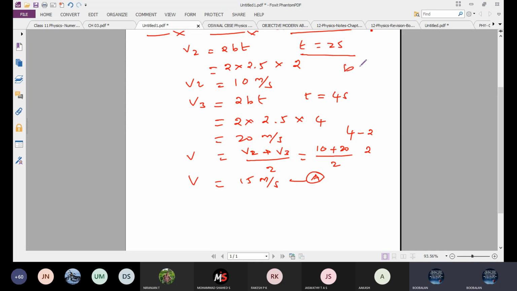B value 2.5, from the question paper. 2 into 2.5, t value 2 seconds. Then you will get V2 value 10 meter per second. Clear. Next one, V3. 2bt is the general formula. T value 4 seconds. 2 into 2.5 into 4.